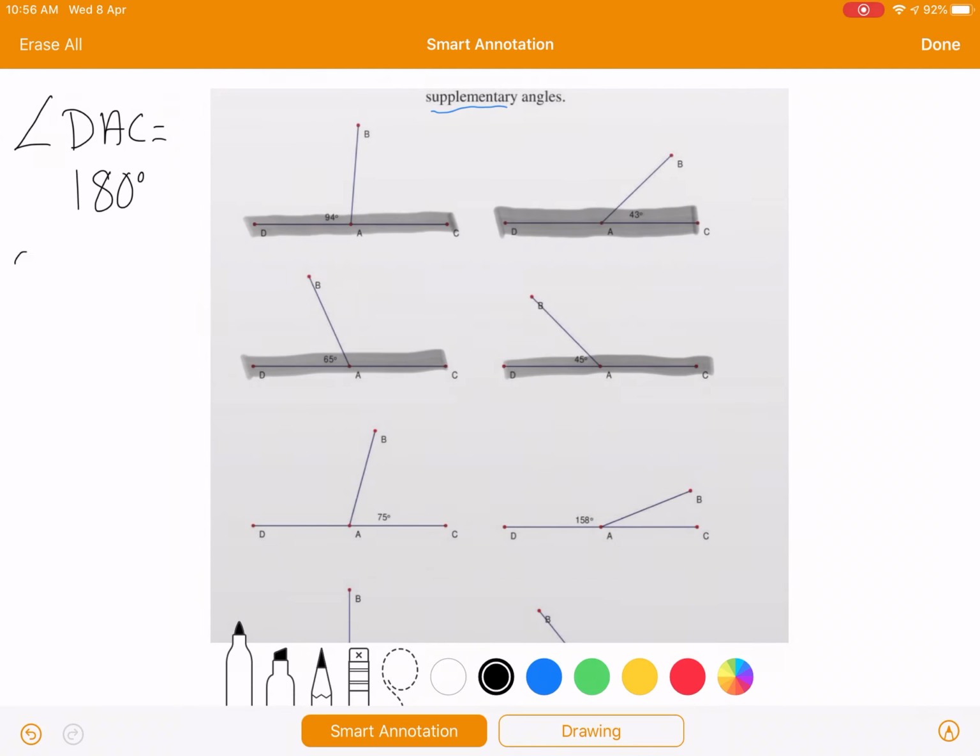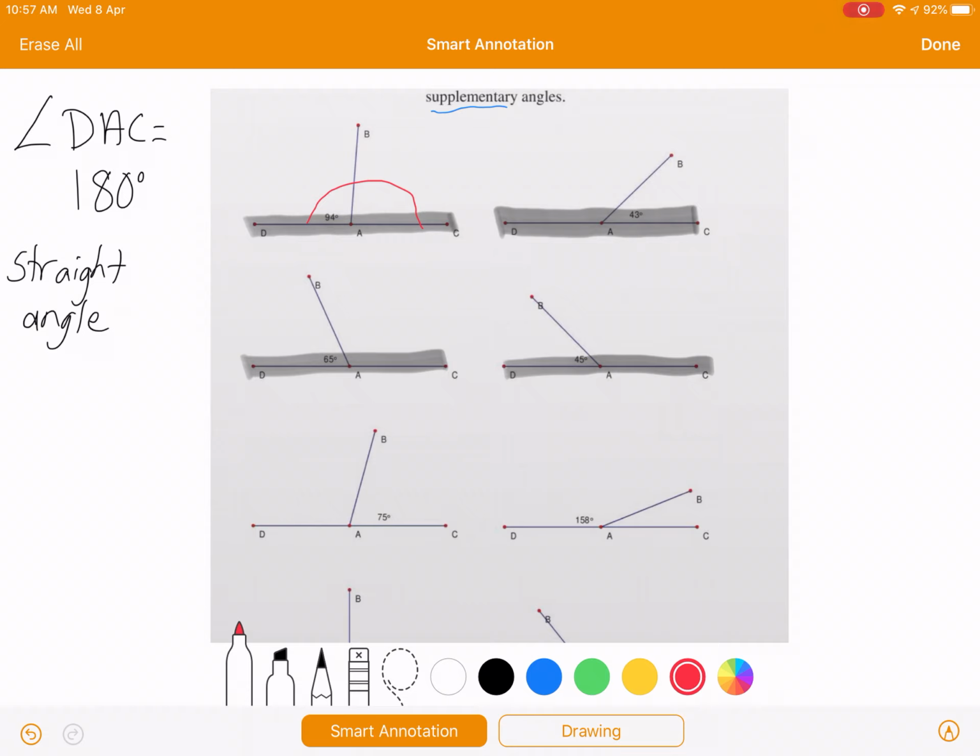And we call that, just so you remember, a straight angle. Can you give yourself a light clap on the back if you got that correct? Awesome, good job. So that means that we know that this whole angle, DAC, is equal to 180 degrees.